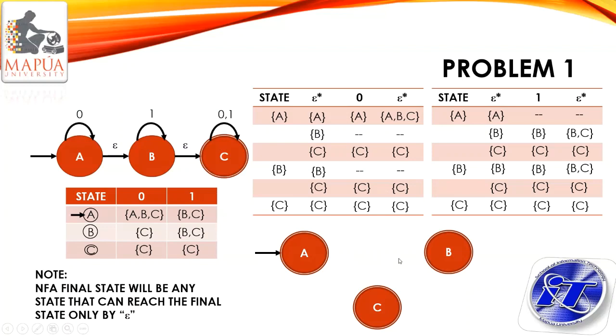And if it's 1, we'll go to both B and C. So this will be the path for A. For B, if it's 1, it will just loop within itself. But if it's 0 or 1, it will go to C. And when it's on C, it will just loop within itself. So this is the final NFA.